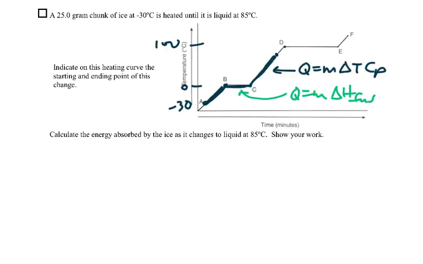The first segment down here, A to B, is going to be Q equals m delta T Cp. The mass is 25 grams, and that's going to be the same for all three segments. The change in temperature, we're going from negative 30 to 0, so it's 0 minus negative 30, which is 30 degrees.